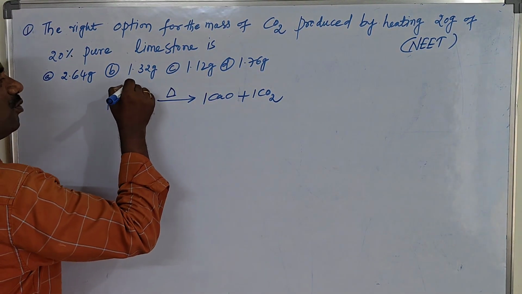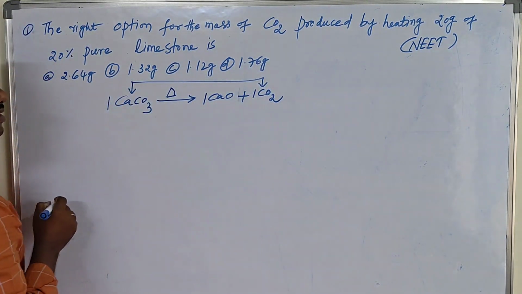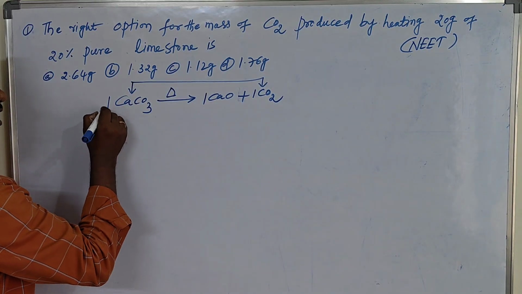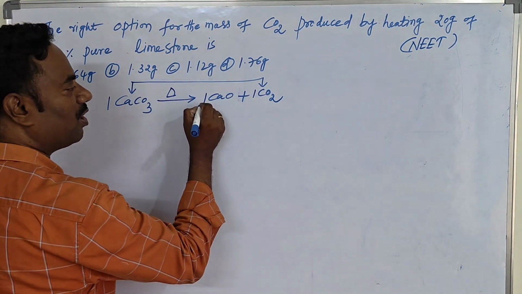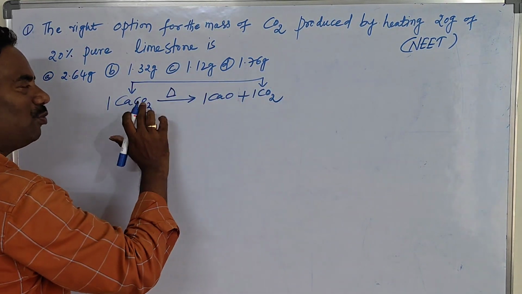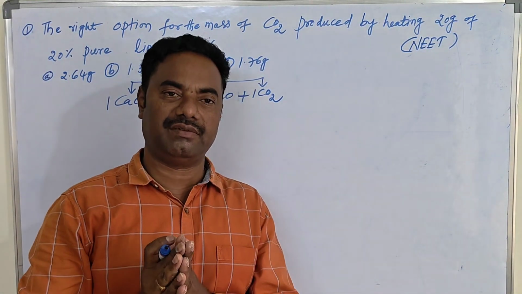So that we need to take only the two. What is the meaning of this equation? 1 mole of calcium carbonate, when we heat, can produce 1 mole of calcium oxide and 1 mole of CO2. Why we are taking these two? In the problem they are asking about limestone and carbon dioxide.